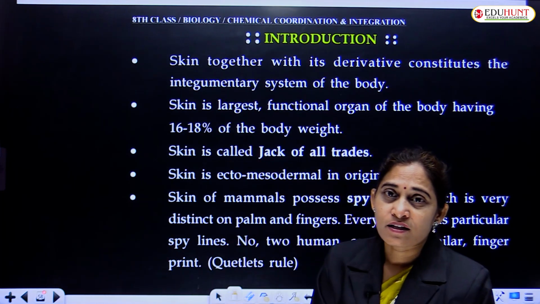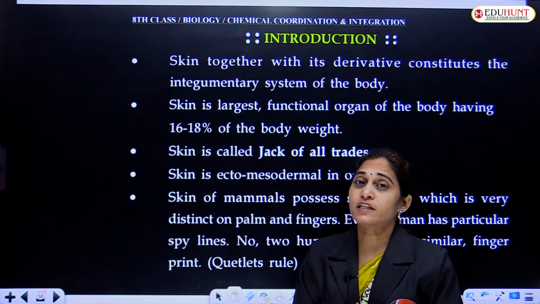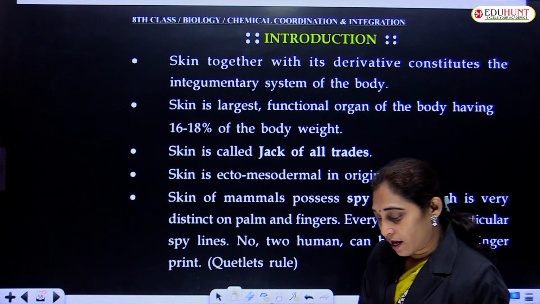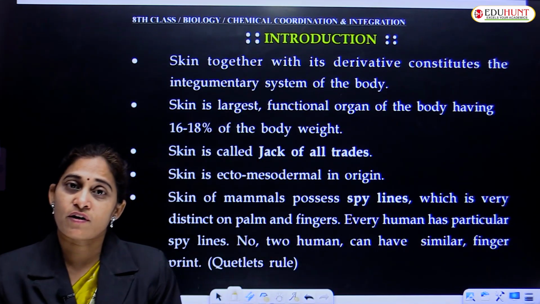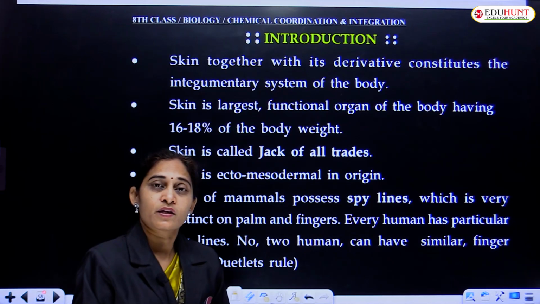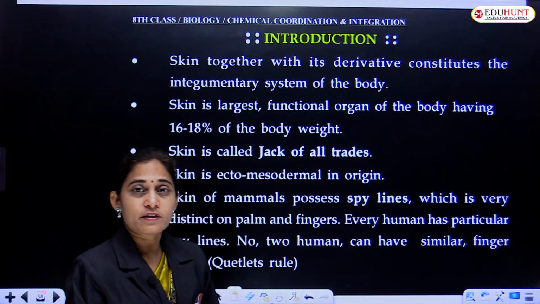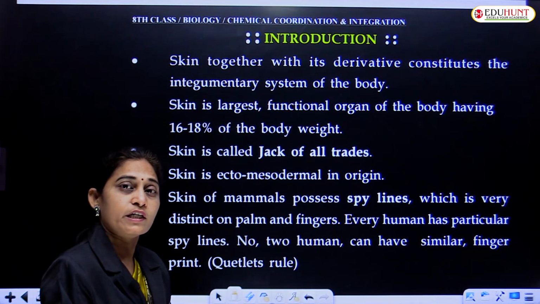Some layers originate from the ectoderm, and some layers are derived from the endoderm. That is why the origin of the integumentary system is ectomesodermal.